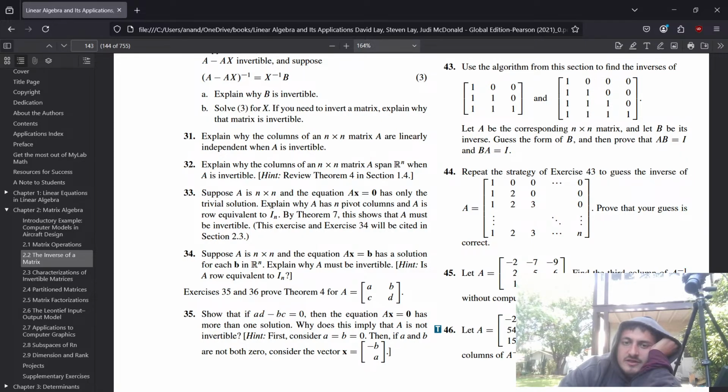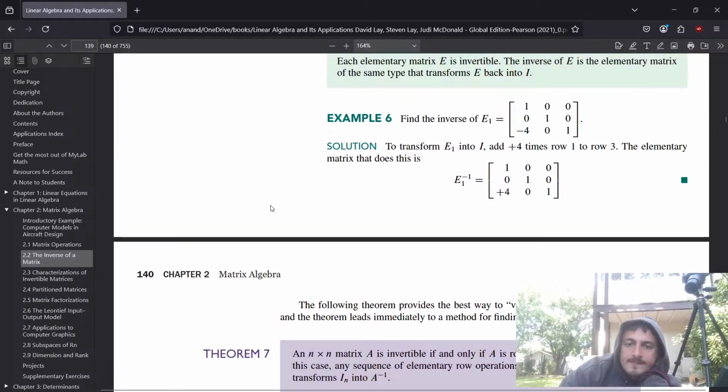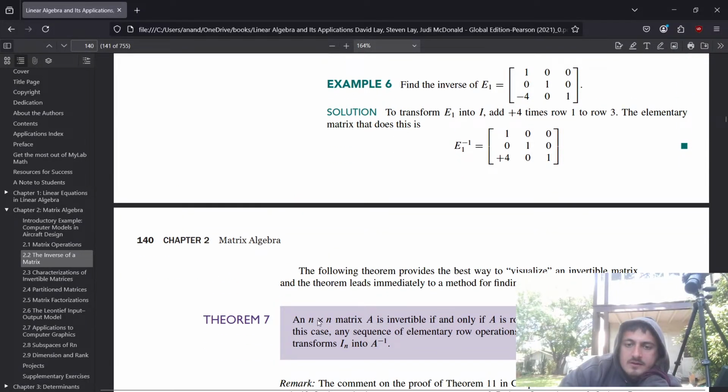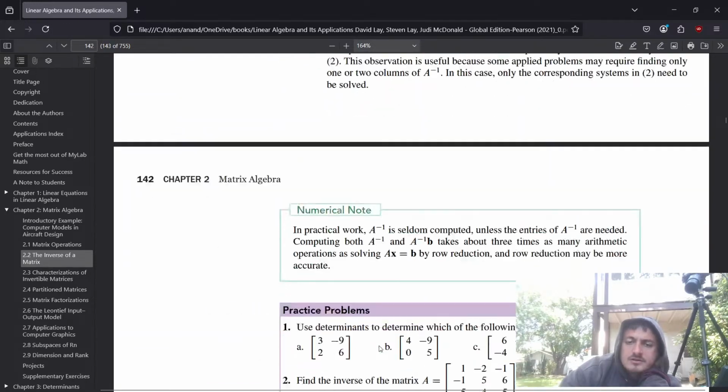I'm pretty sure if the columns of a square matrix are linearly independent, then it's invertible, right? Did they say that? And anything that spans the codomain. Okay, all right, I'm pretty sure that's true.